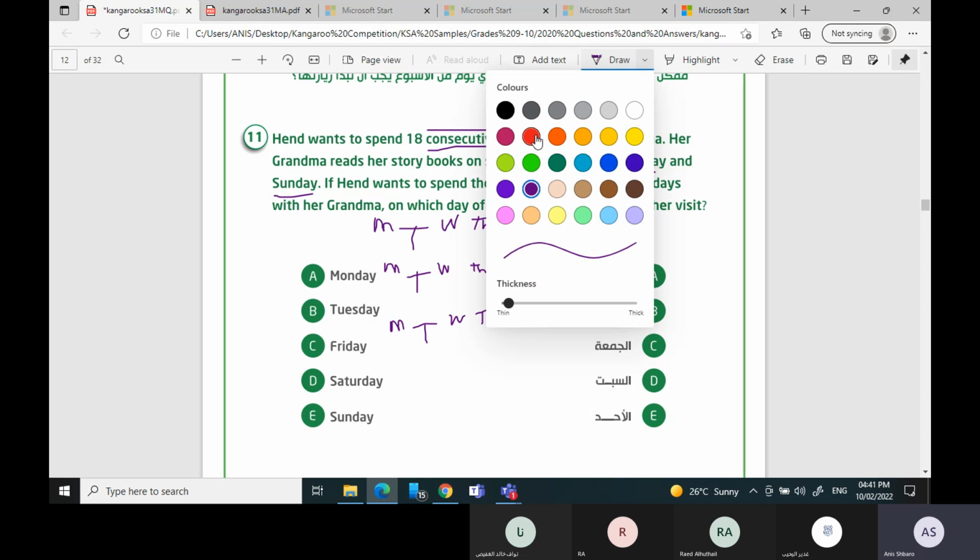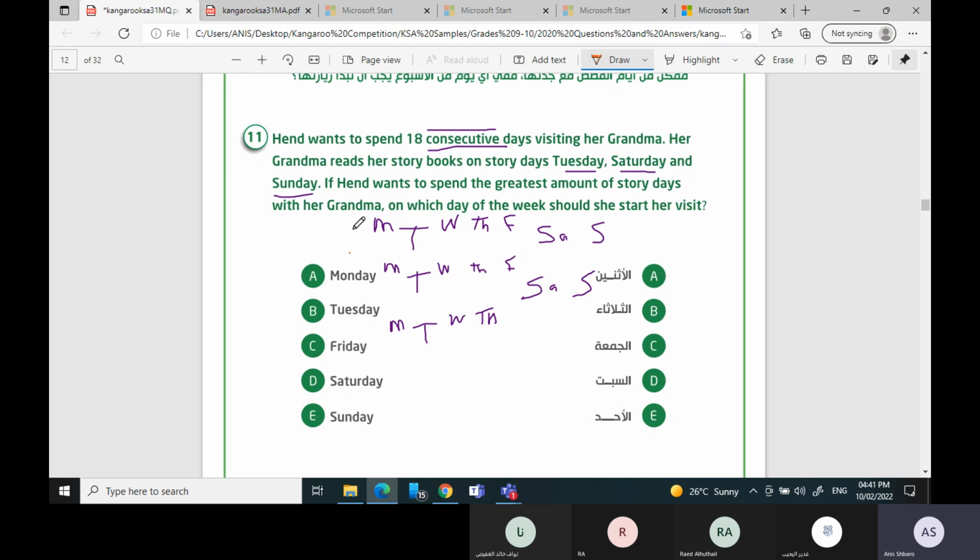Now, as you can see, I'm testing if she reached on Monday. So let me guess, she came on Monday and she has to leave, of course, on Thursday. So I have how many story days? 1, 2, 3, 4, 5, 6, 7. So if she reached on Monday, I have 7 days.